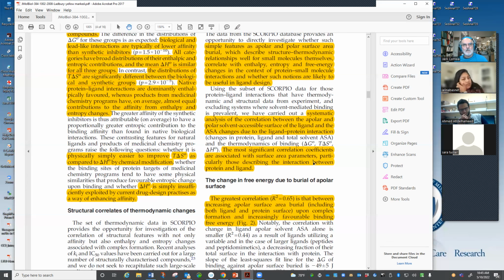And the Fred Richards technique, which is what I'm digressing for, is rolling a ball around the surface of a protein. The ball is the size of a water molecule, and asking how much surface is accessible to a water molecule. Okay, if you look at the surface of a protein, I sort of draw cartoons, right?